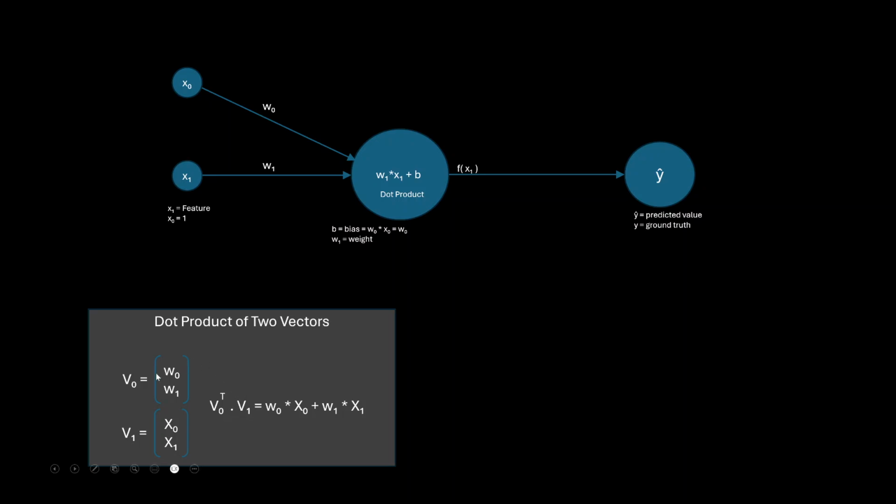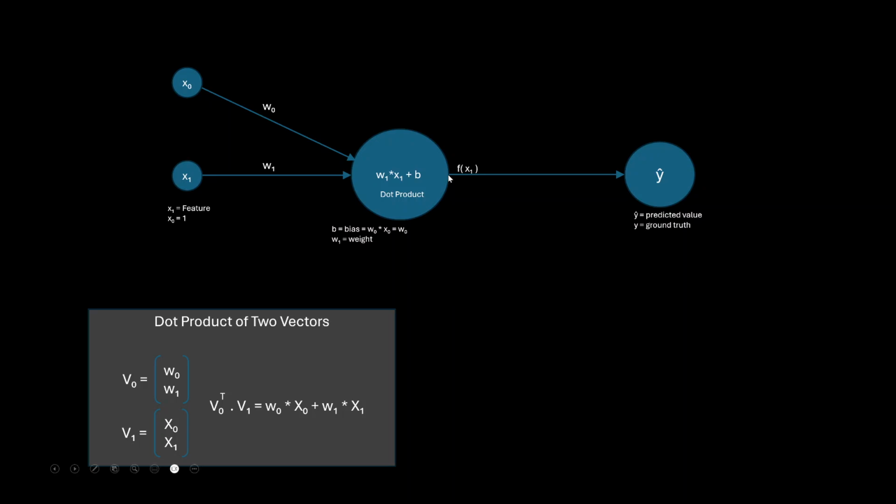To really do the dot product for these two vectors, we have to transpose vector v0, and we'll talk more about that in future videos. But here, the dot product for the two vectors simply equals what the computational unit provides.